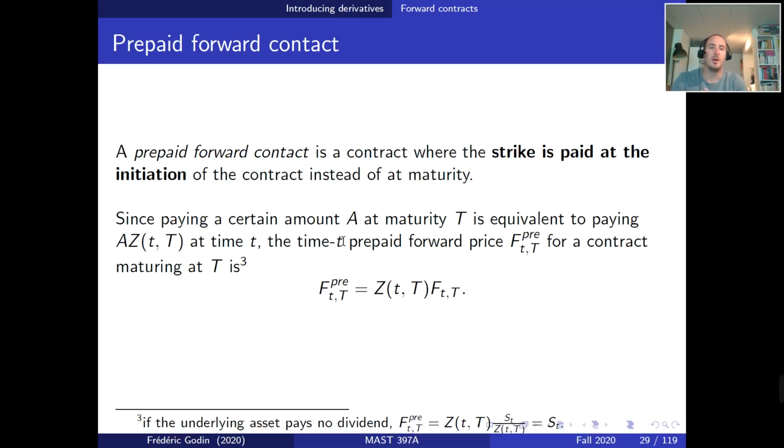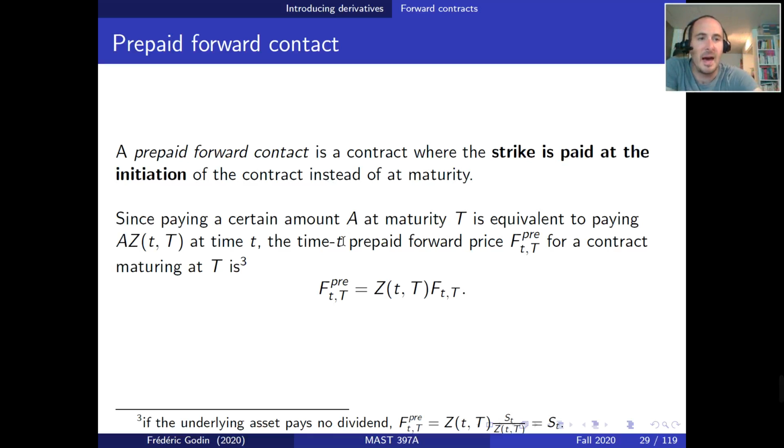Having $1 at time capital T, you can simply purchase at time small t one unit of zero coupon. So both the price of one unit of zero coupon at time small t and $1 at capital T must be equivalent, because purchasing one can give the other and vice versa.